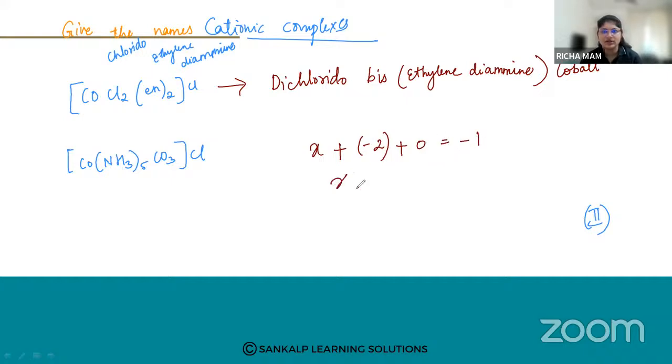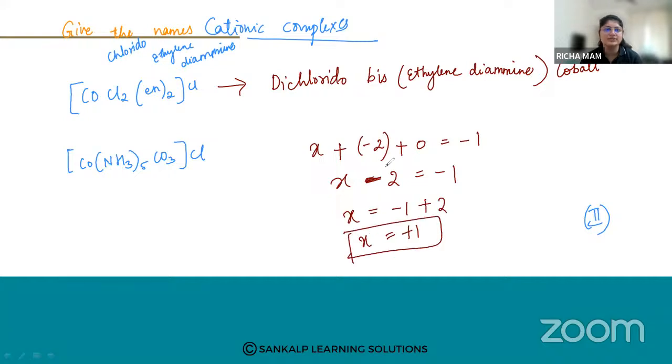X minus 2 equals minus 1. So X is equal to minus 1 plus 2. So it is coming plus 1. But it should come plus 3. Okay, I'll see this. So it is cobalt 3 and then chloride. Okay, next one.